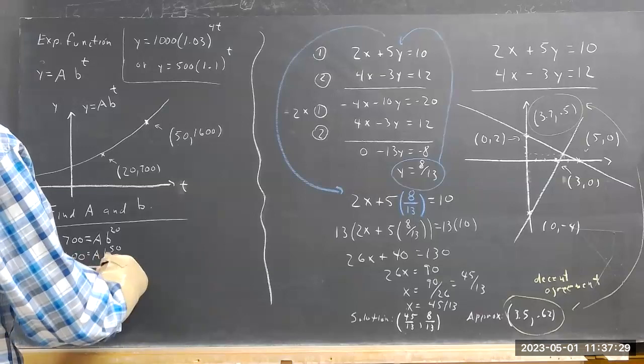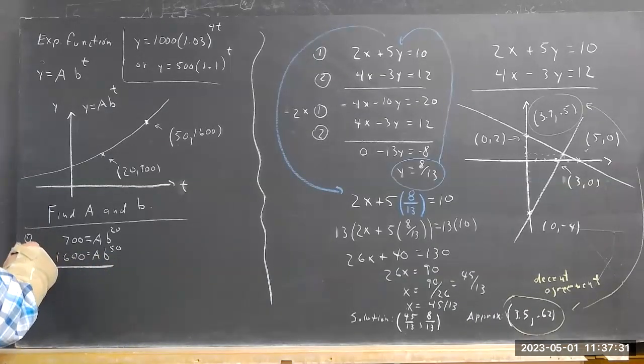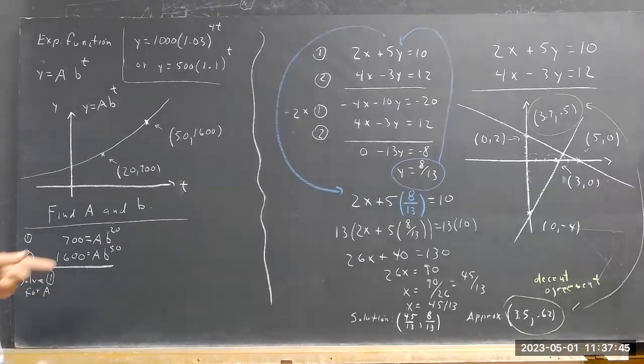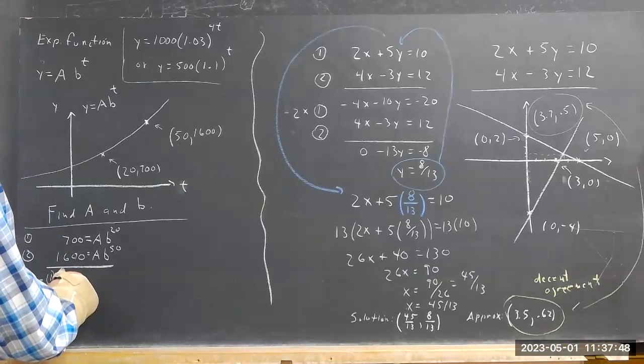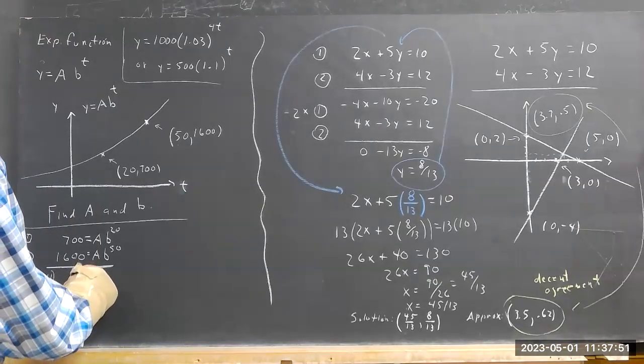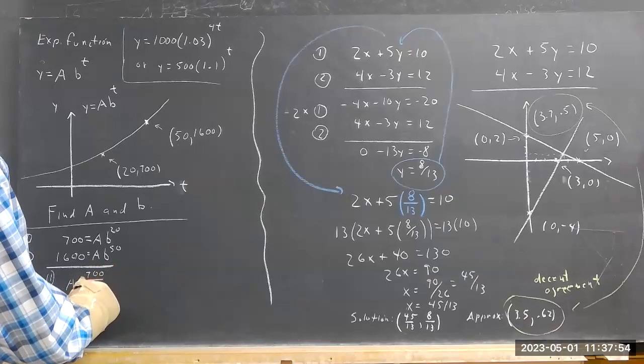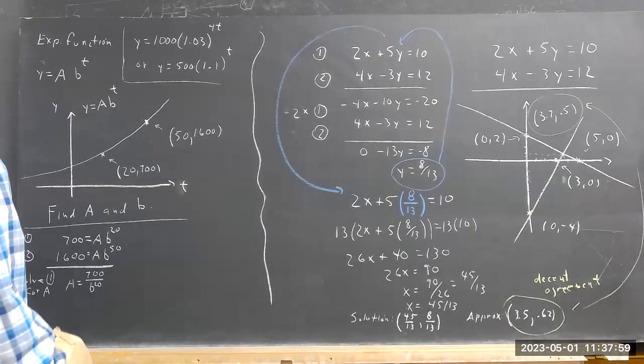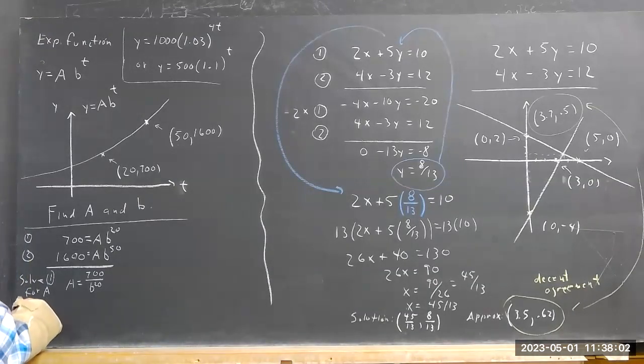Okay, so we solve equation 1 for A, and we get A equals 700 over B to the 20. Plug into the second equation.